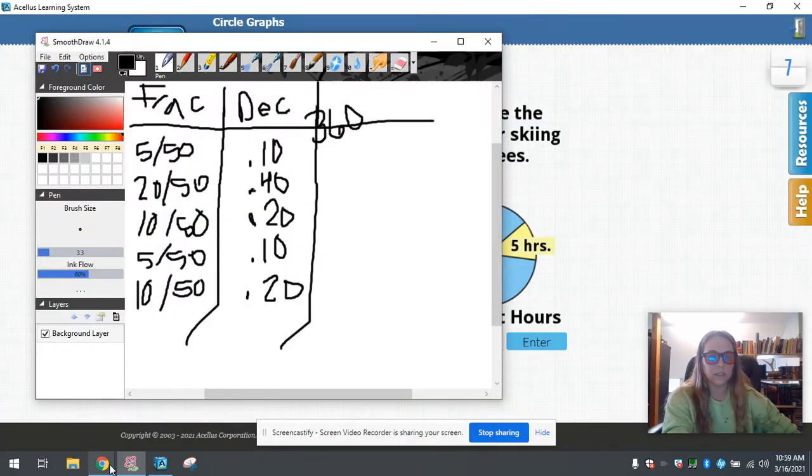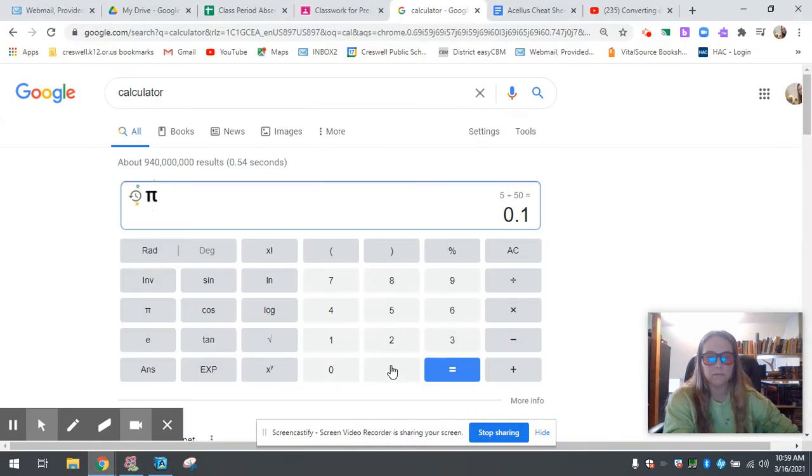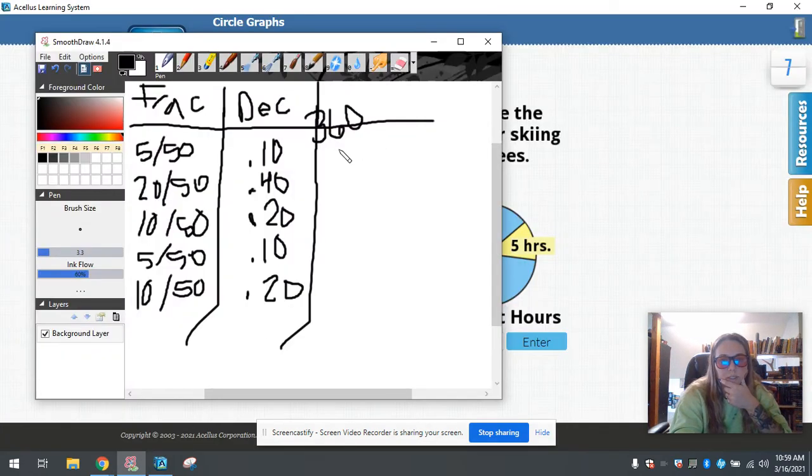So 0.10 times 360 gives me 36 degrees. And that's going to match this one because they're both 5 out of 50.